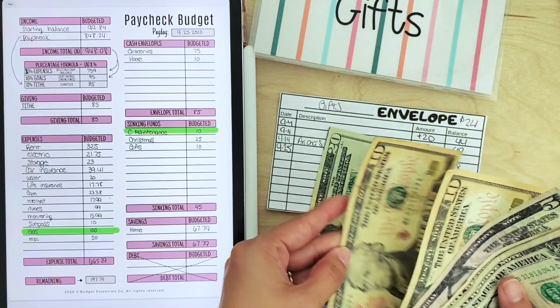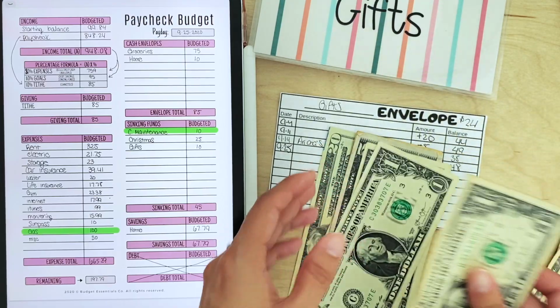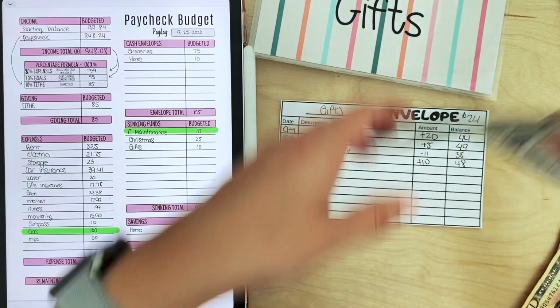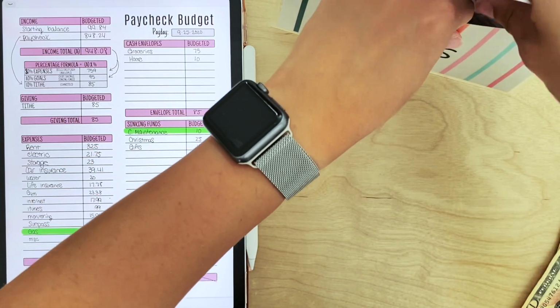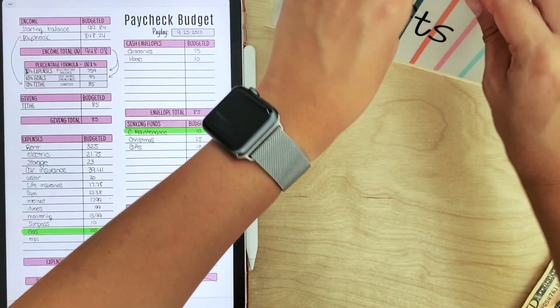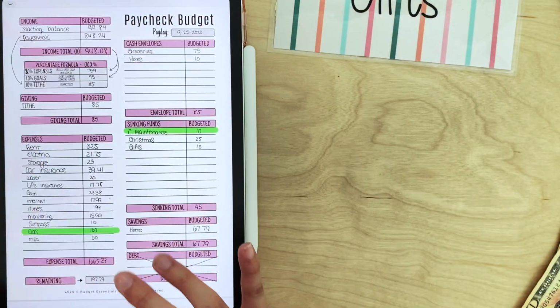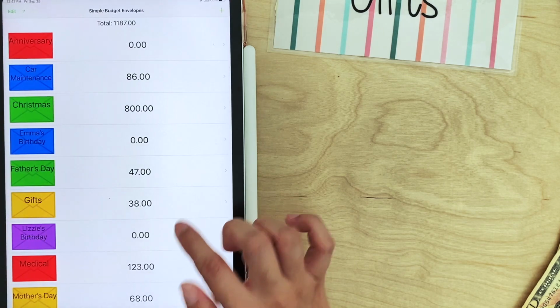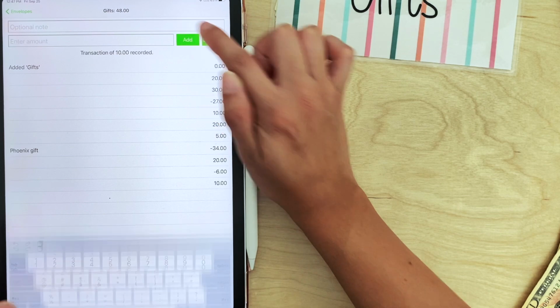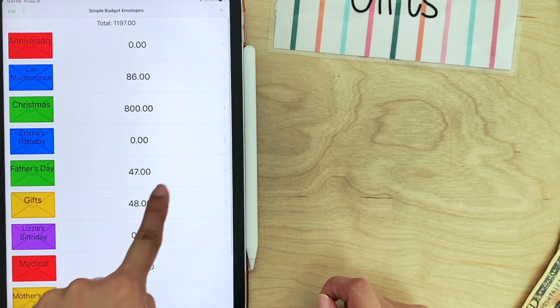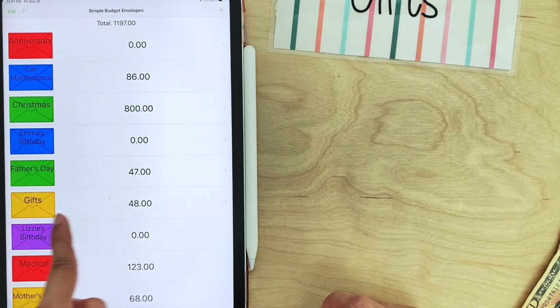So we have 20, 30, 40, 5, 6, 7, 8. And then again, let me go to here, and you just add in. So now you have this updated 48 in our gifts.